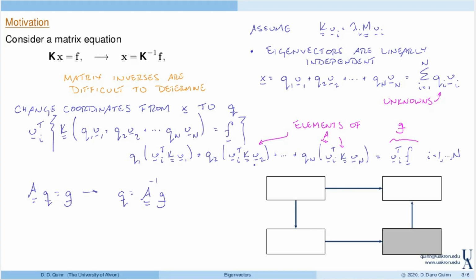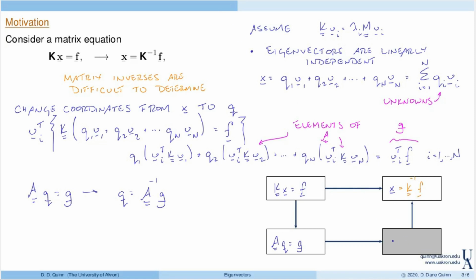So the solution procedure here is to start off with our original equation, Kx equals f, and ultimately we're looking for x, which again is, at least formally, K inverse times f. In order to do that, we're going to transform coordinates. So we have A times q equals g, and all these things are related.